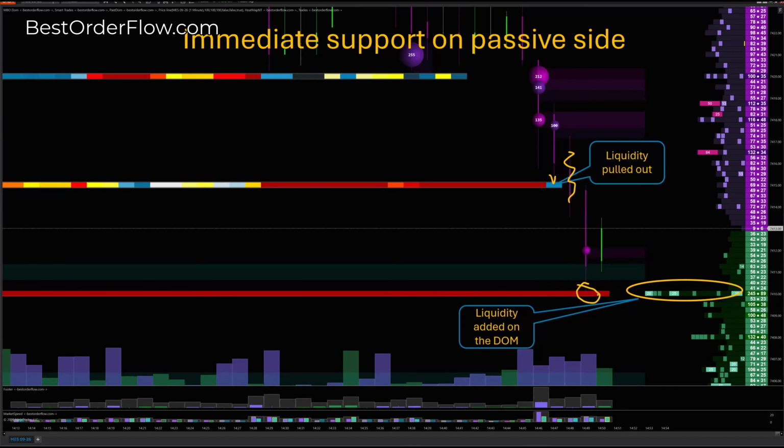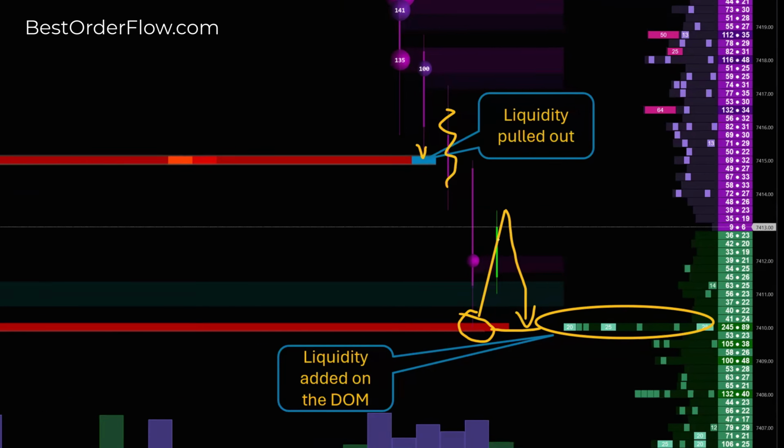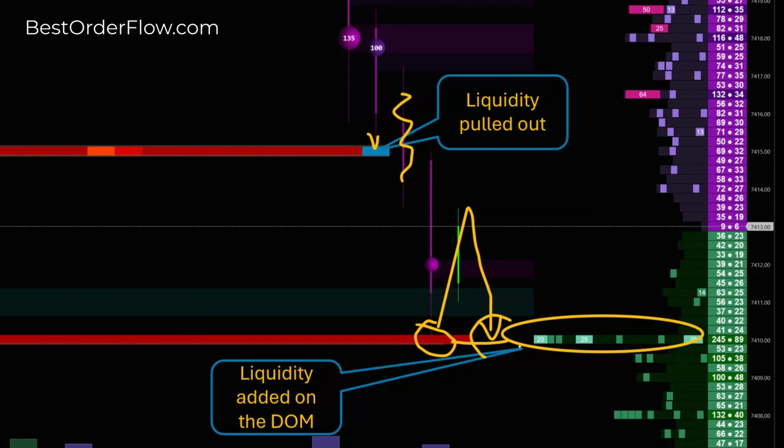So that means it's an immediate support. When the price gets scared a little bit and goes a second time over here, what's going to happen? The price needs to use more negative delta to penetrate this level, or the price will bounce. So that is the situation.